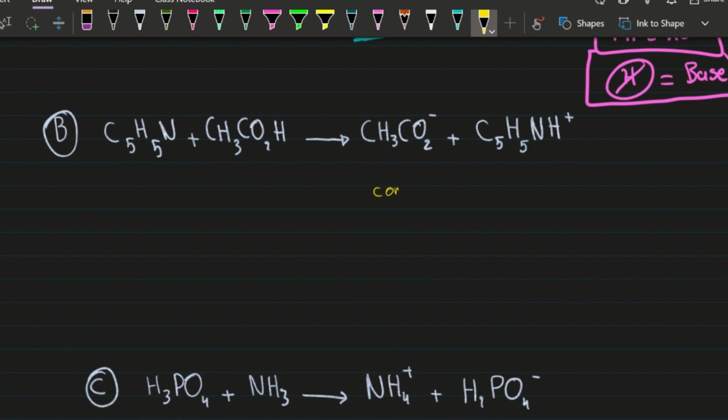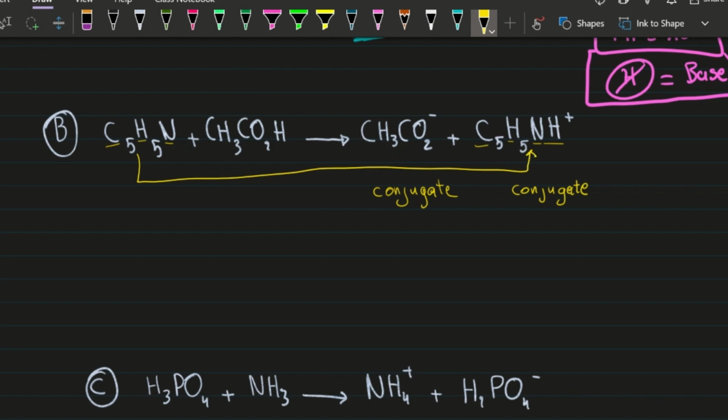As we said, this is going to be your conjugates and conjugate, right? Okay, so CH and N, this is the one that's related to it. It seems like this gained a hydrogen.